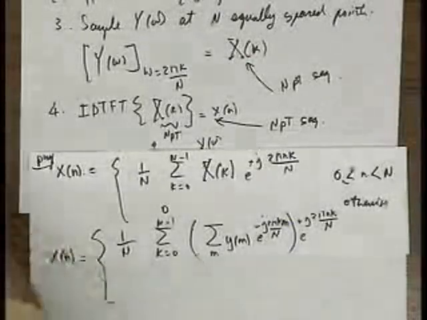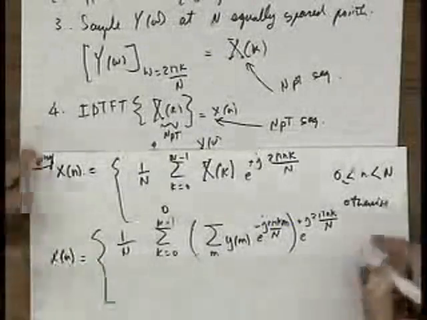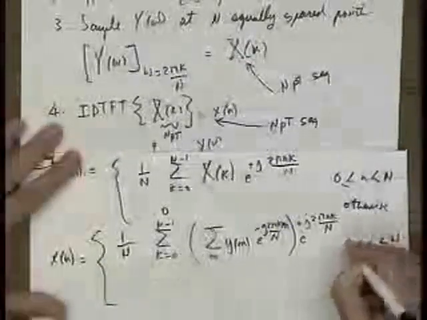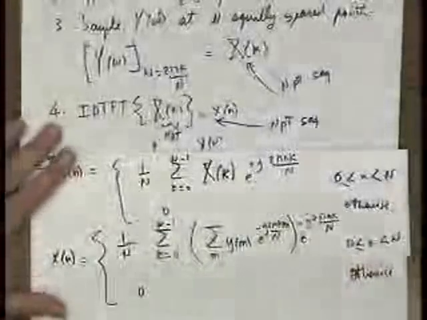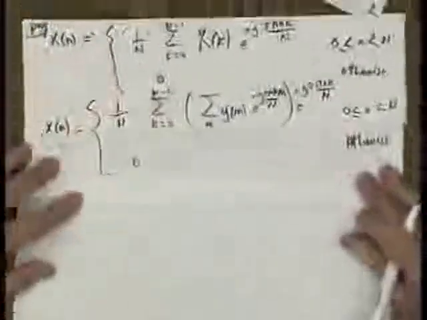Yeah, thank you. And then, so this is for n in between n and 0, and it's 0 otherwise. And then what?